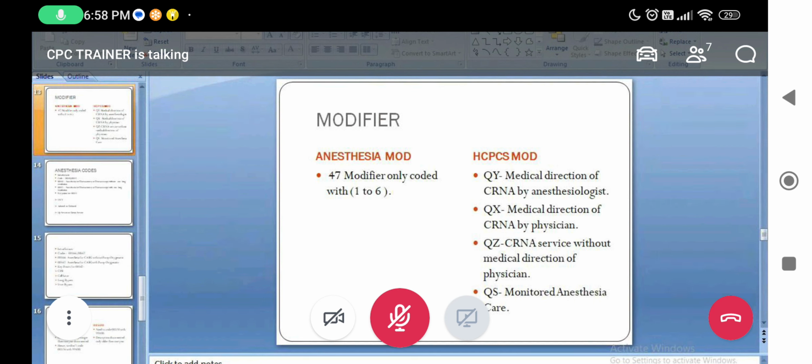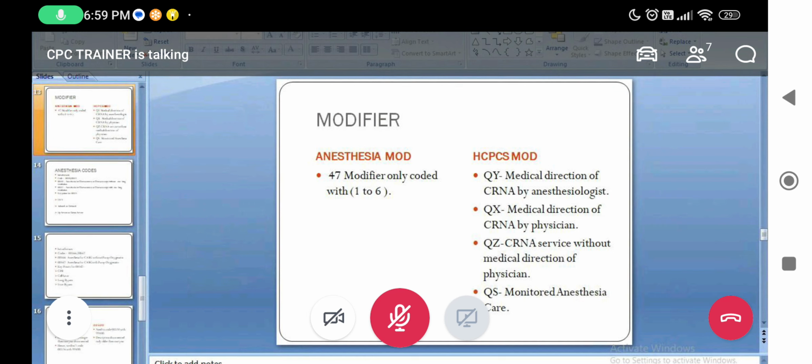So QY modifier means medical direction of CRNA by an anesthesiologist. Please underline anesthesiologist. The CRNA does one procedure that is directed by an anesthesiologist, we use the QY modifier. QX means the medical direction of CRNA by a physician. Physician means a surgeon.